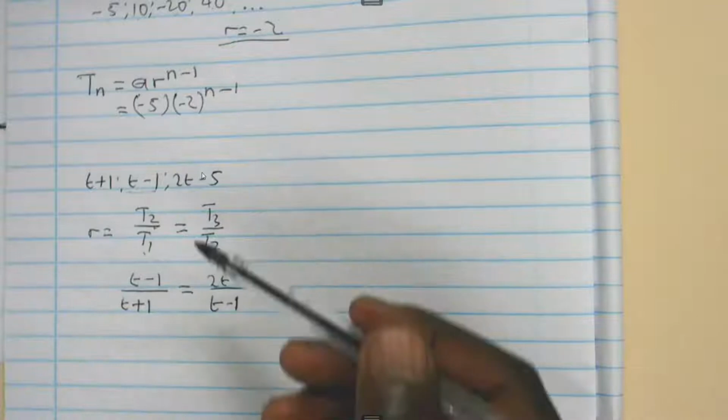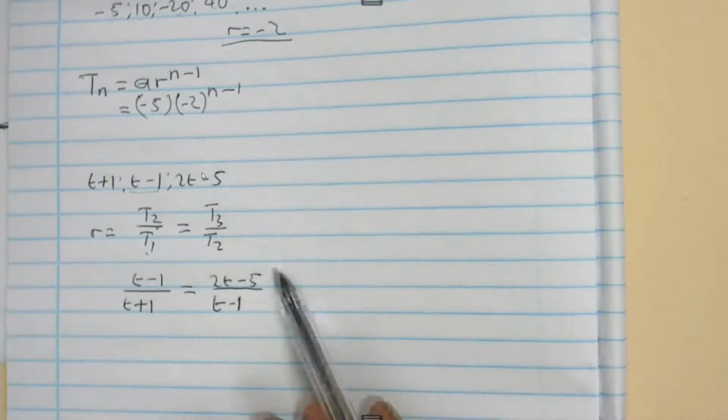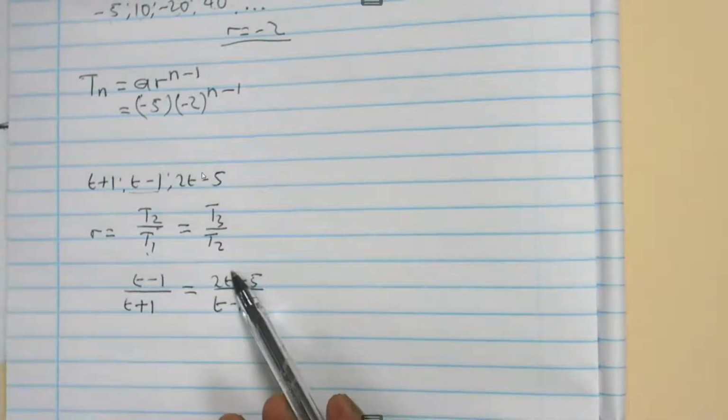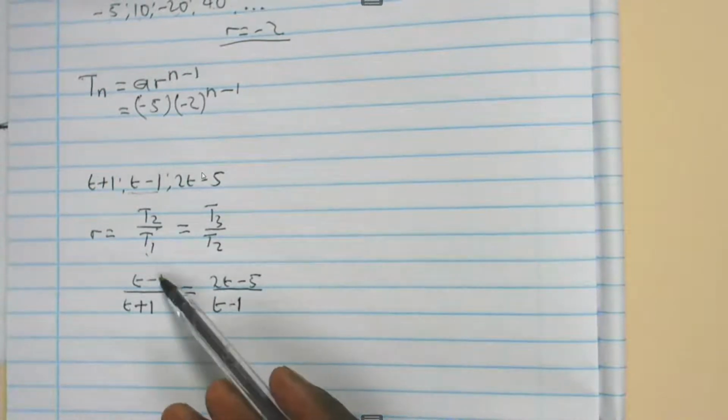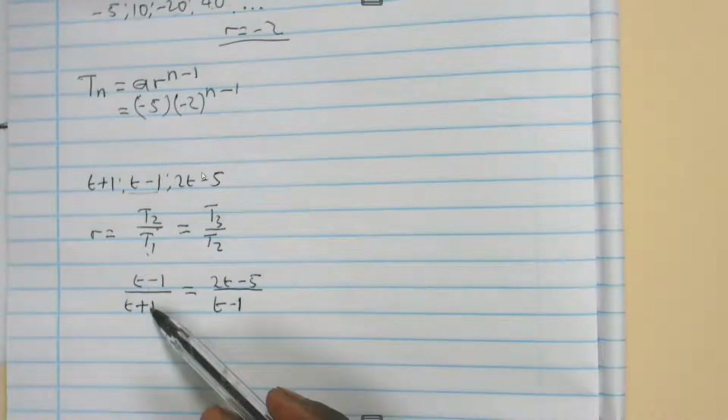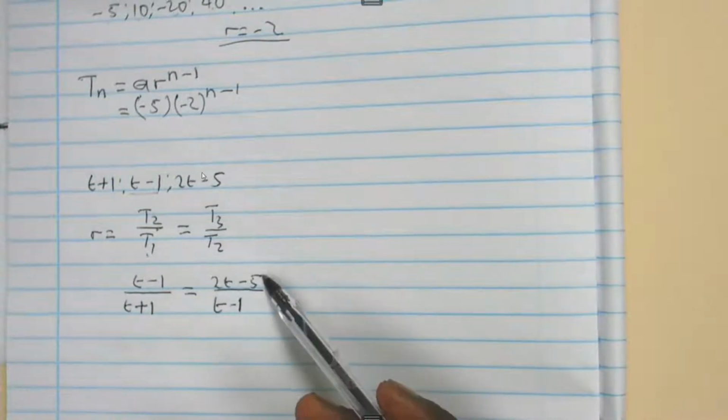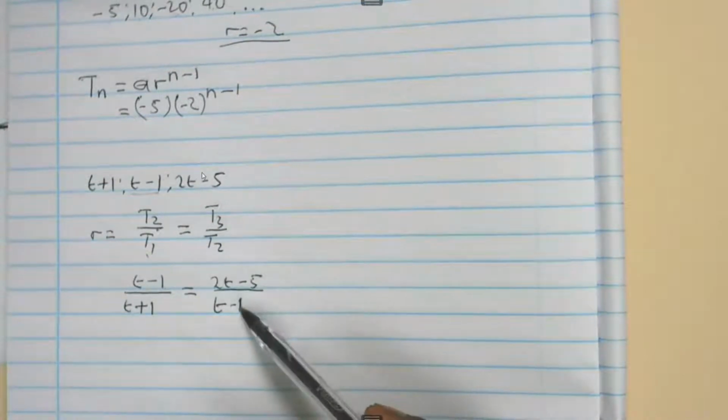For it to be geometric, this equation has to be true: term number 2 divided by term number 1 must equal term number 3 divided by term number 2. The only unknown here is t, and finding t would allow us to find the sequence.